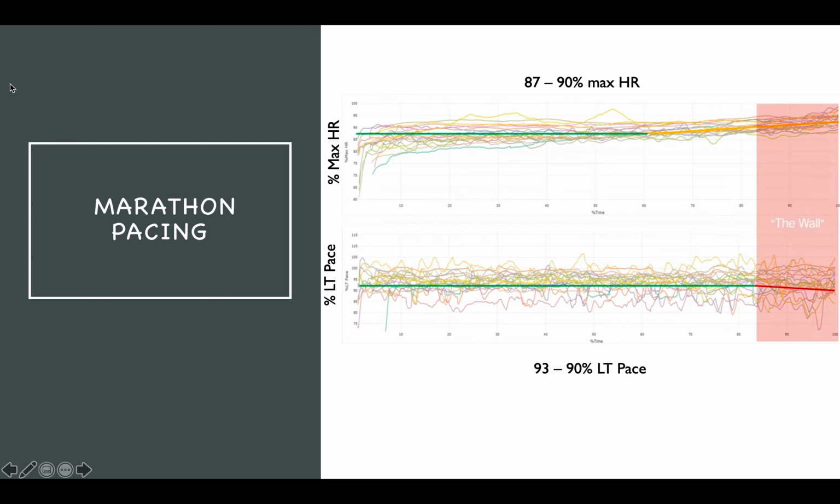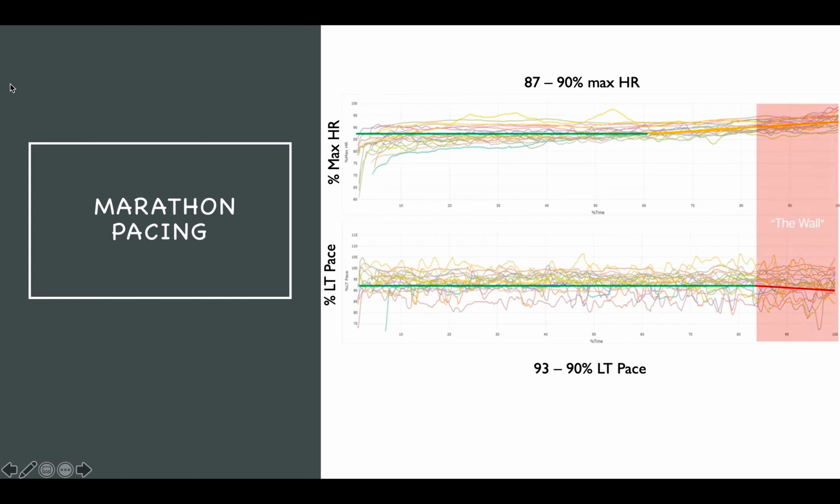And once they reached about 60% of their marathon time, the heart rate starts to drift upward, which is called cardiac drift, and that's a physiological phenomenon that we see in all athletes as they do endurance running events. And the main reason for that is a decrease in plasma volume. So we would expect to see that drift in heart rate, but the main takeaway from that is the 87 to 90% of max heart rate.